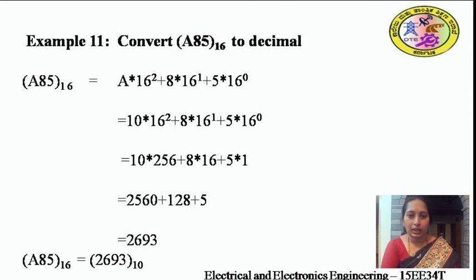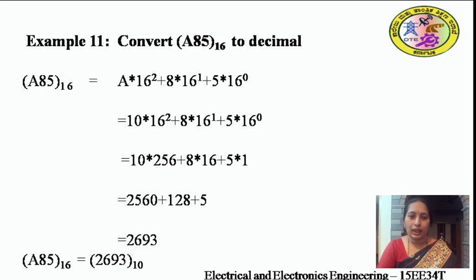Let's take another example. The number I have taken is A85 hexadecimal to decimal. I am converting A85 into decimal. Starting from LSB, that is 5 multiplied by 16 to the power 0, 8 multiplied by 16 to the power 1, A multiplied by 16 to the power 2.